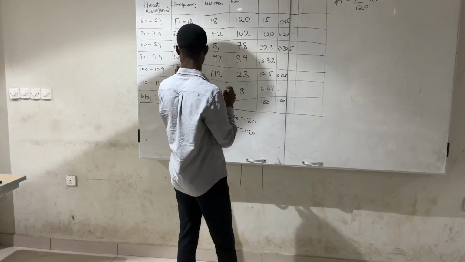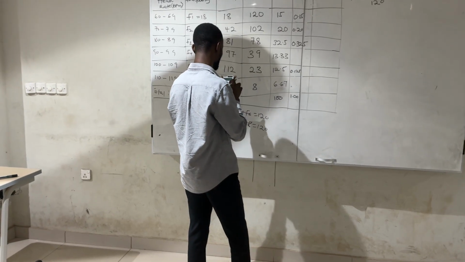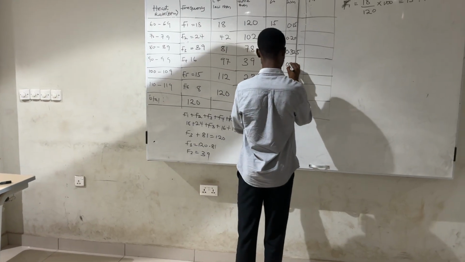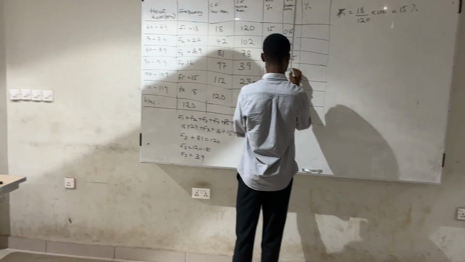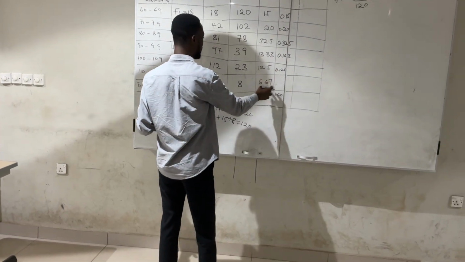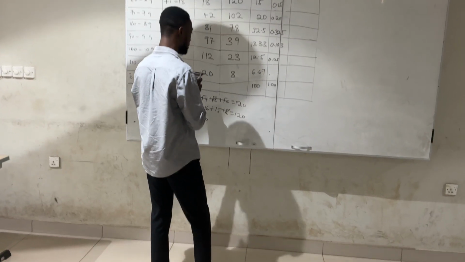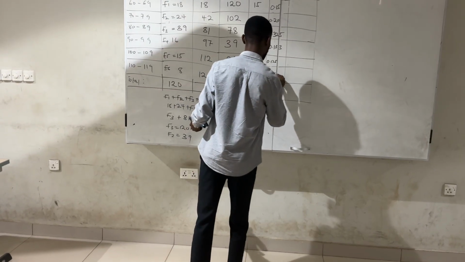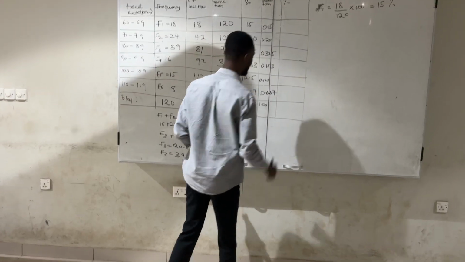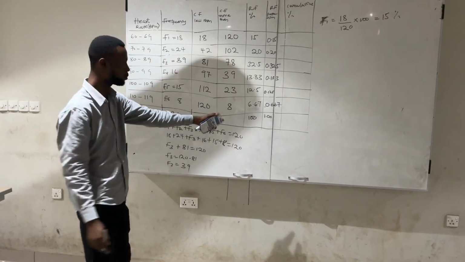The next one is 16 divided by 120 to give us 0.133. Then the next one, F5, is as we provided already. So we move to F6, 0.667. When you add it, you are supposed to get 1.0, and you don't write it because it's always there.